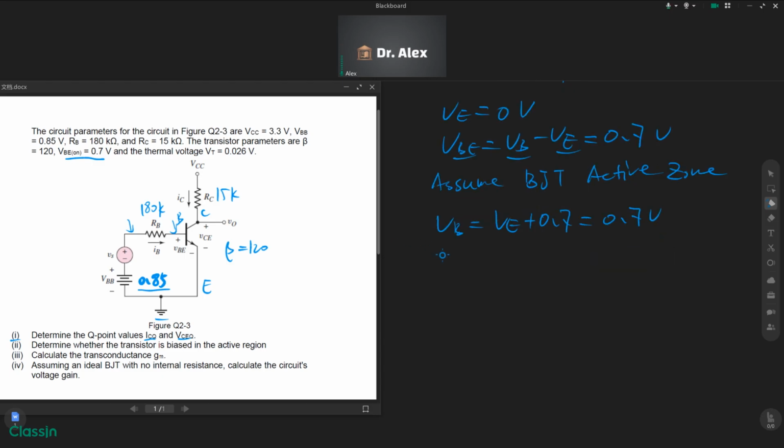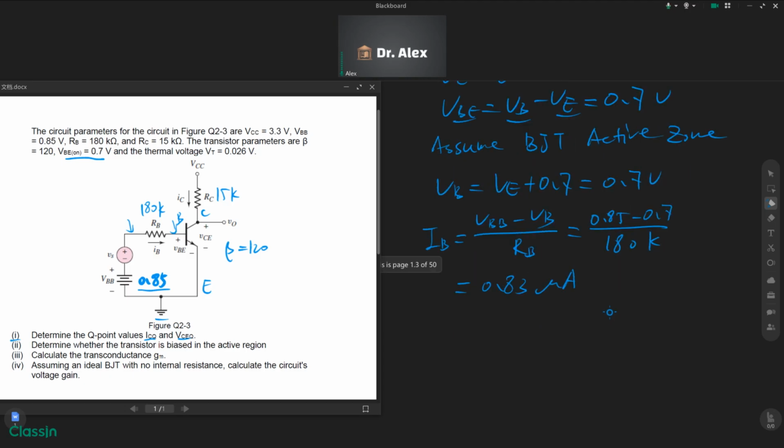Now it's quite straightforward to calculate IB, which is VBB subtract VB divided by RB, which is 0.85 subtract 0.7 divided by 180 kilo. The final result is 0.83 microamperes. Micro is 10 power minus 6.